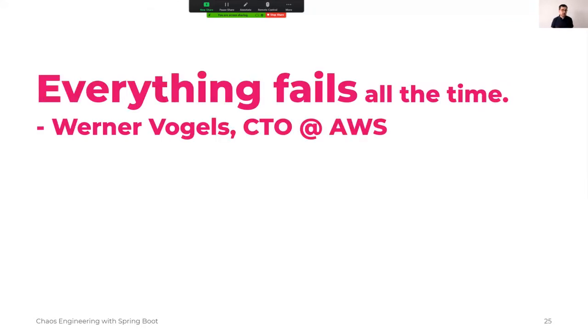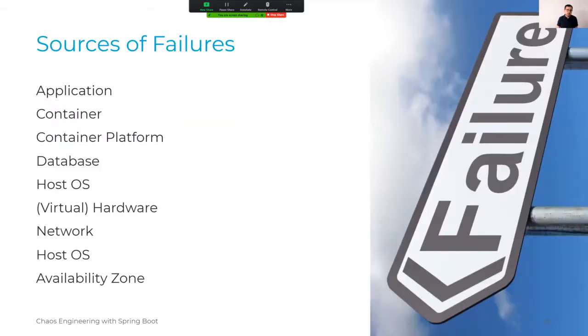But you have to imagine that everything will fail all the time. And this is a quote from Werner Vogels, the CTO of AWS. And I mean, it's maybe not this disastrous, but you can assume that something will fail all the time. And therefore, we can imagine what that could be, right?